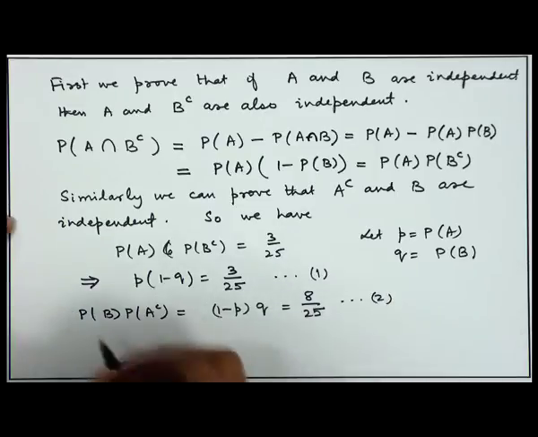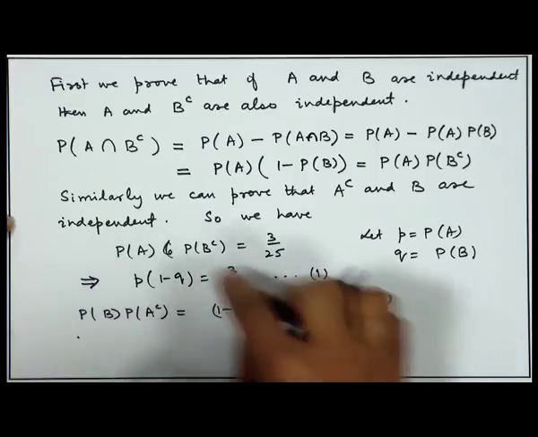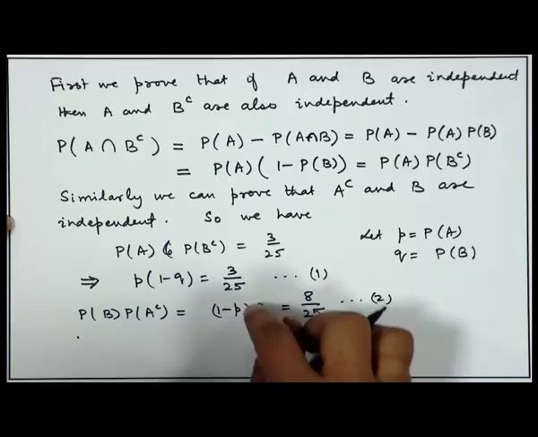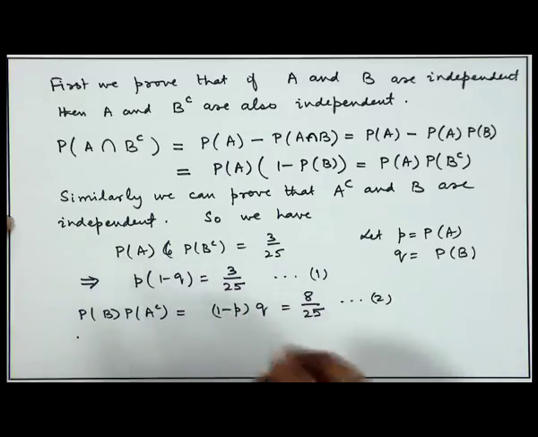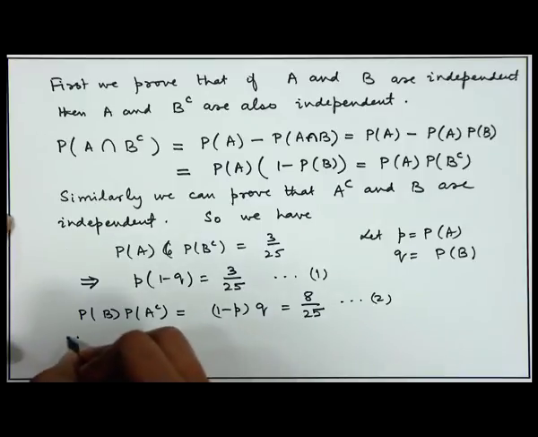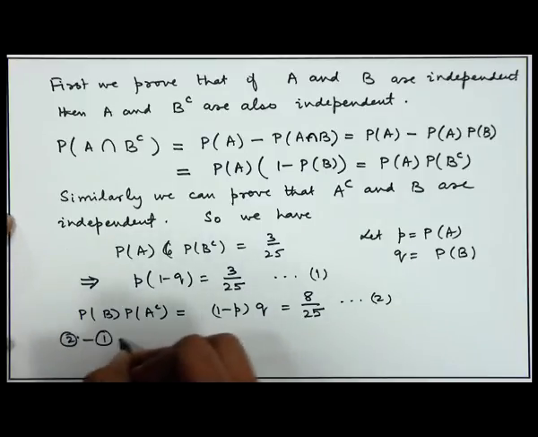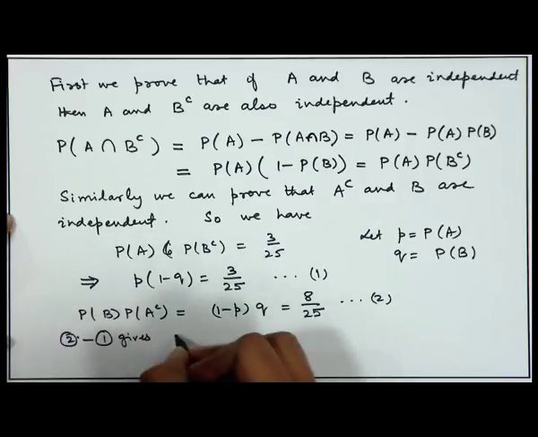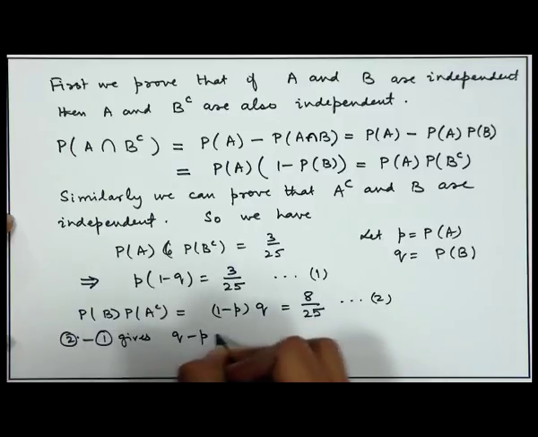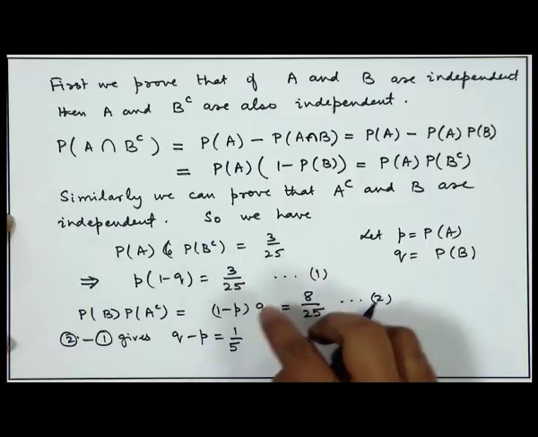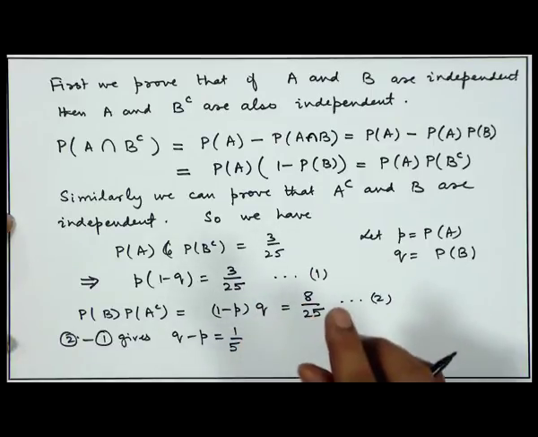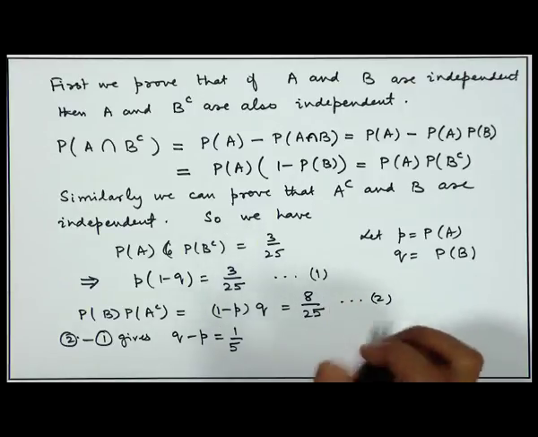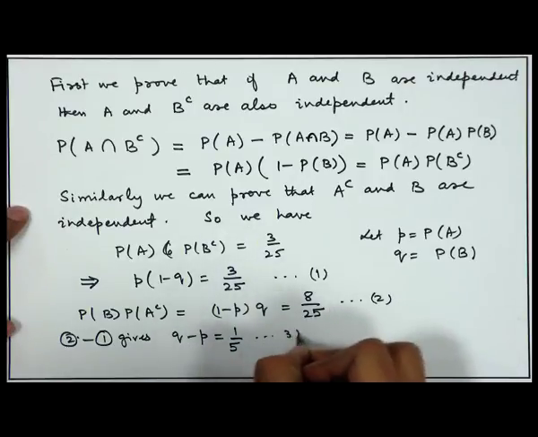If I do some manipulation here, in fact, I subtract equation 1 from equation 2, then PQ will cancel out. So, 2 minus 1 gives Q minus P is equal to 1 by 5, that is 8 by 25 minus 3 by 25, that is 5 by 25, that is 1 by 5. Let me call it equation number 3.